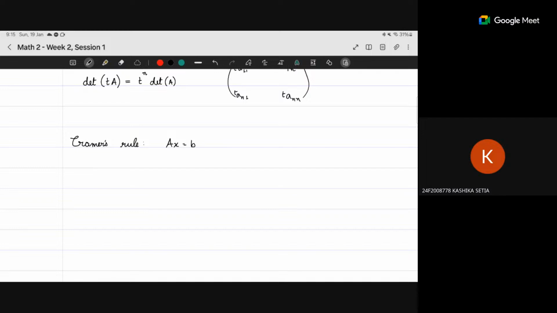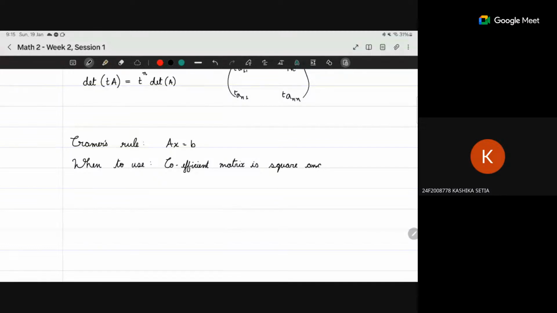So for at least that specific case, how do we compute the solution of the system of equations for which the coefficient matrix is A? That is given by Cramer's rule. This is one of the rules which you can use. So when to use it? When the coefficient matrix is square and invertible.